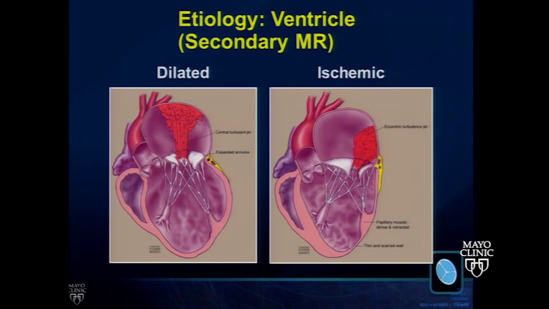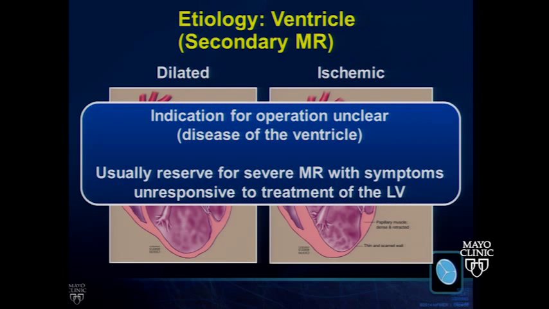You don't want to operate early on these people because the operation on the mitral valve does nothing in terms of the major problem, which is progressive left ventricular dilatation. So the indication for operation is unclear because it's a disease of the ventricle, but I think the bottom line is you should say that operation should be reserved for severe mitral regurgitation with symptoms unresponsive to treatment of the left ventricle.